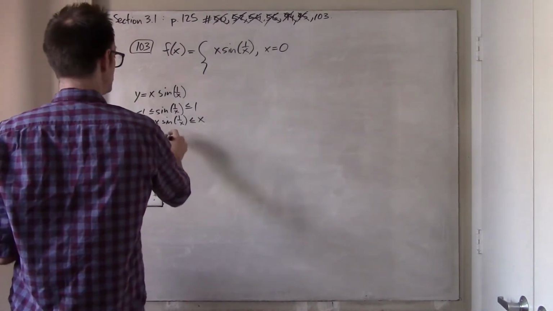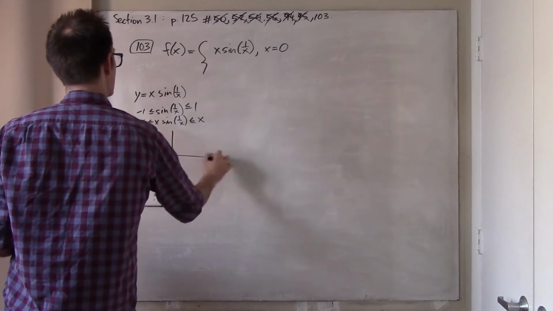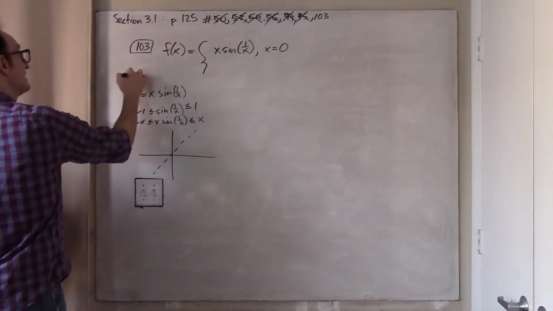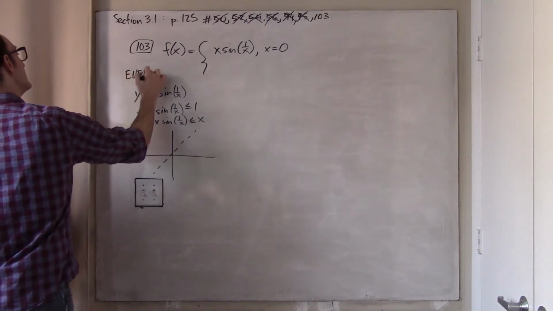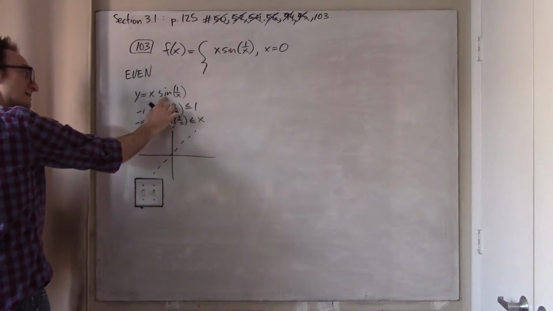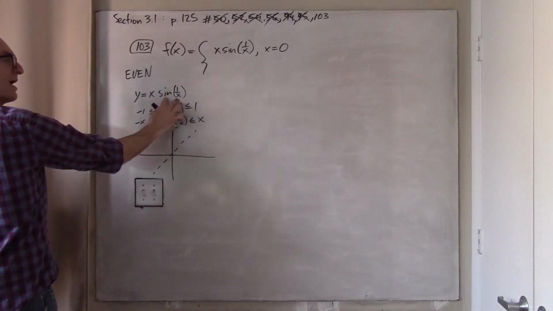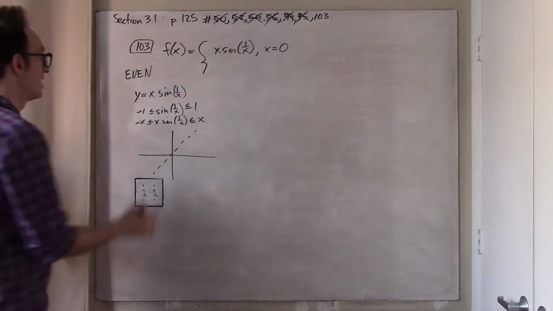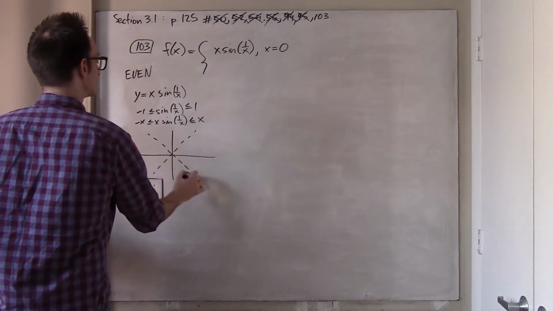And so the graph of this function is going to be even, because 1 over x is odd, and sine is odd, so the composition of two odd functions is odd, x is also odd, and the product of two odd functions is even, or you can just prove it from scratch.